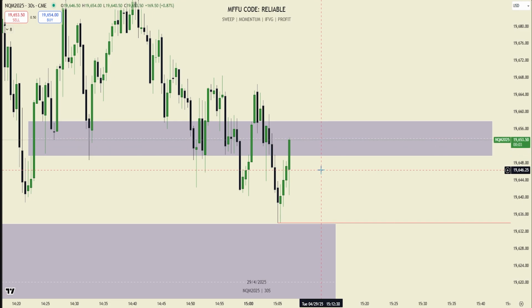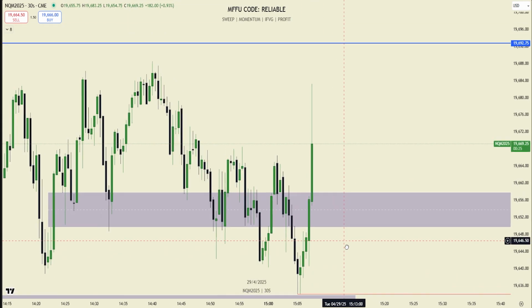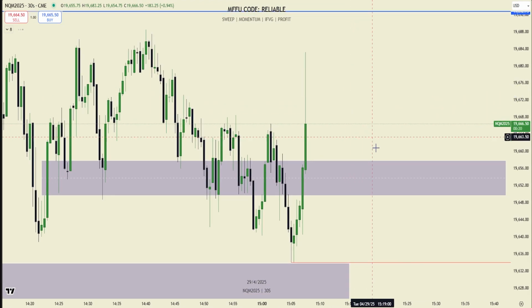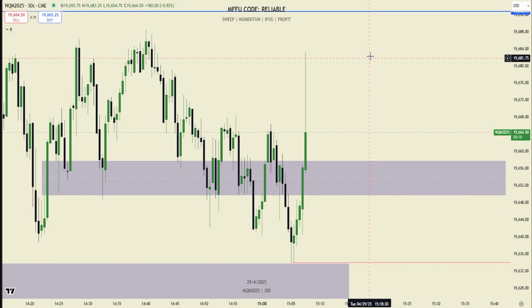So not the most obvious gap, not the best momentum. Oh wow. Well, I'm an idiot. That was how many points? 36 points in a minute.